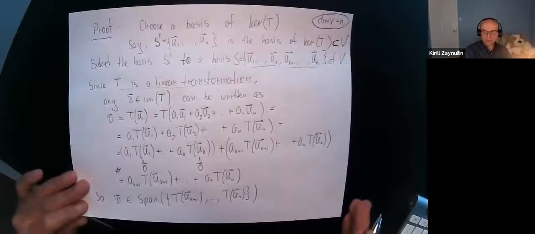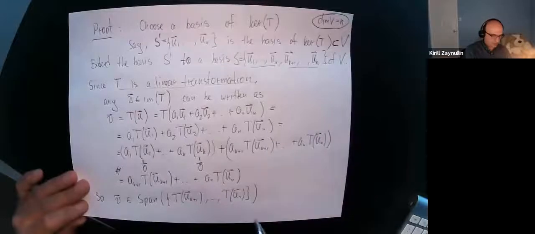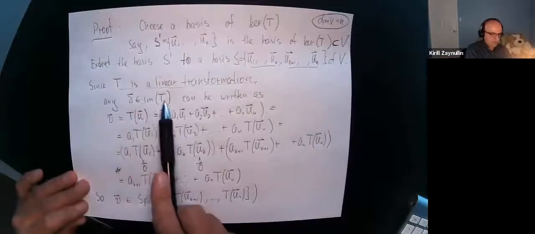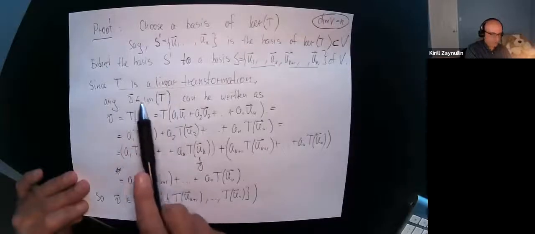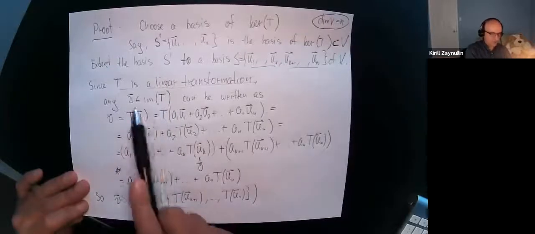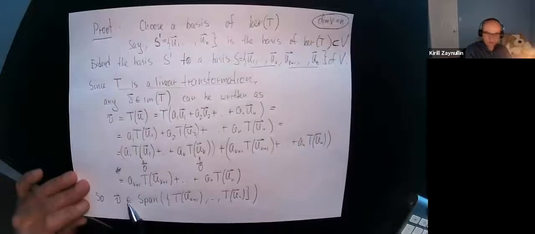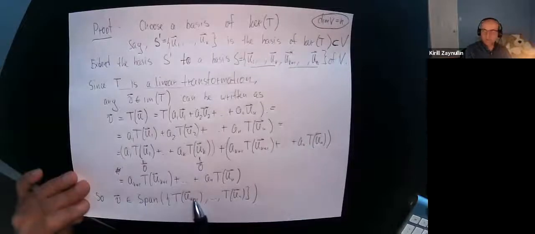But look, what's that? So v is a vector from the image, and of course we just do this for any vector from the image. So it means that the image sits inside that span. We can realize any vector from the image as a linear combination. But on the other side, each of those vectors, T of u(k+1) through T of un, already sits inside the image.